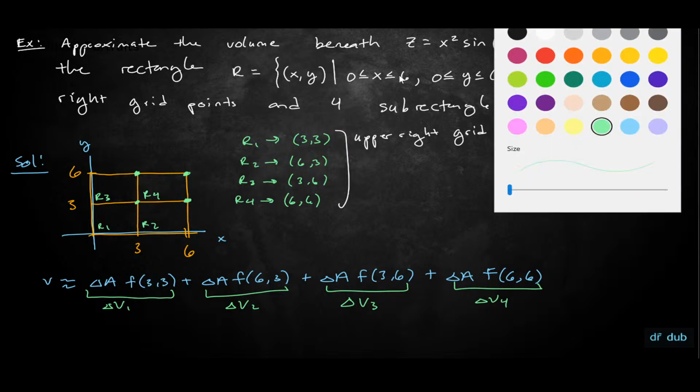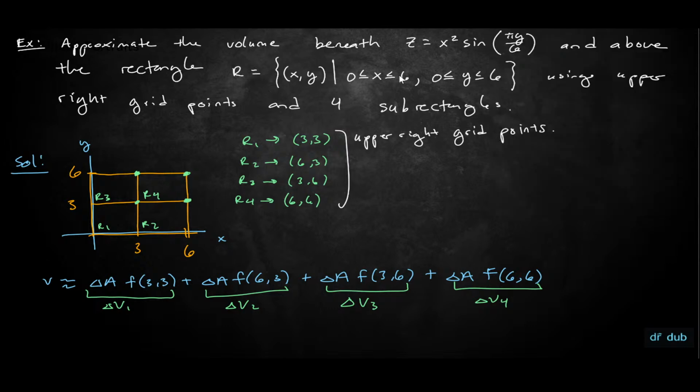And we're adding all of those together. So what is the delta A? Well, delta X is 3. We can see that here. Delta X equals 3. And same for delta Y. Delta Y is 3. So delta A is going to be delta X times delta Y, which is 3 times 3, which is 9. And I can actually factor that out completely from what we've got. I can just say 9 times, and then plug these points into our function.